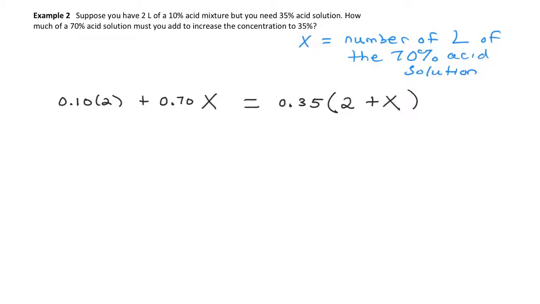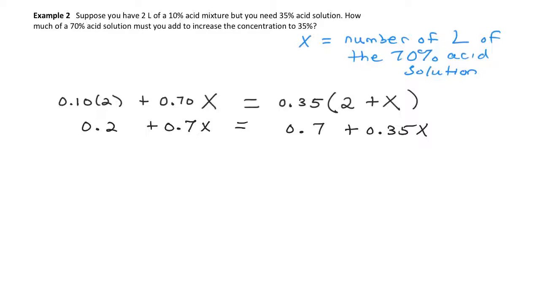All right, so going from left to right, I have 0.1 times 2, which is 0.2. I'll just write this as 0.7x. I can't do anything else on the left side. Now on the right side, I'm going to distribute in the 0.35. So 0.35 times 2 is 0.7. And when I multiply it to x, I get plus 0.35x.